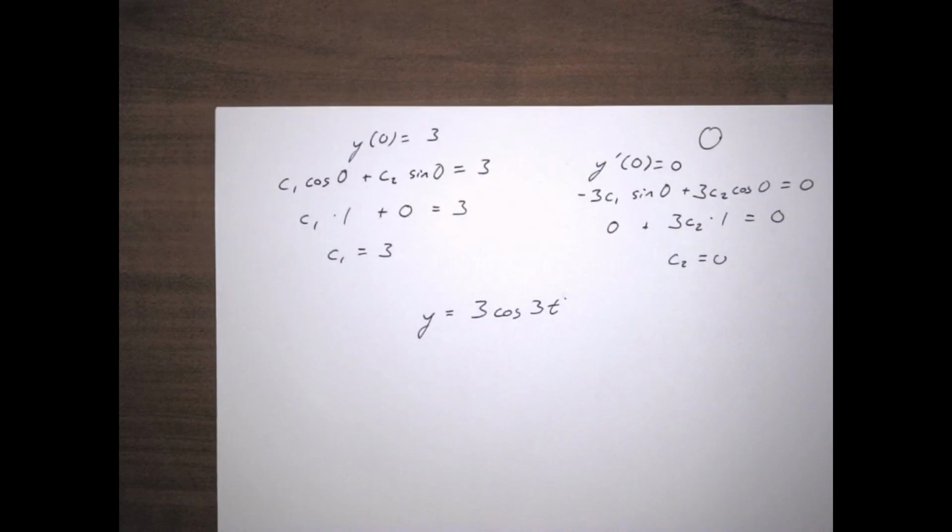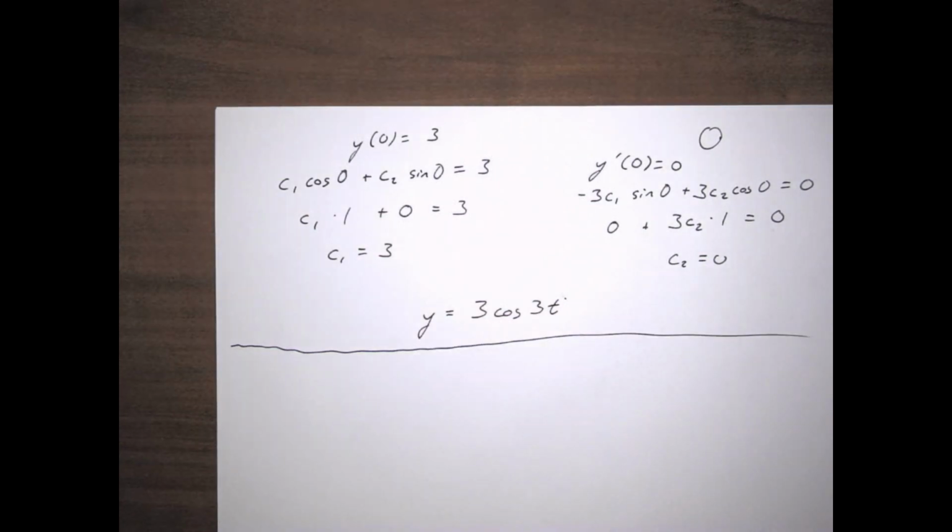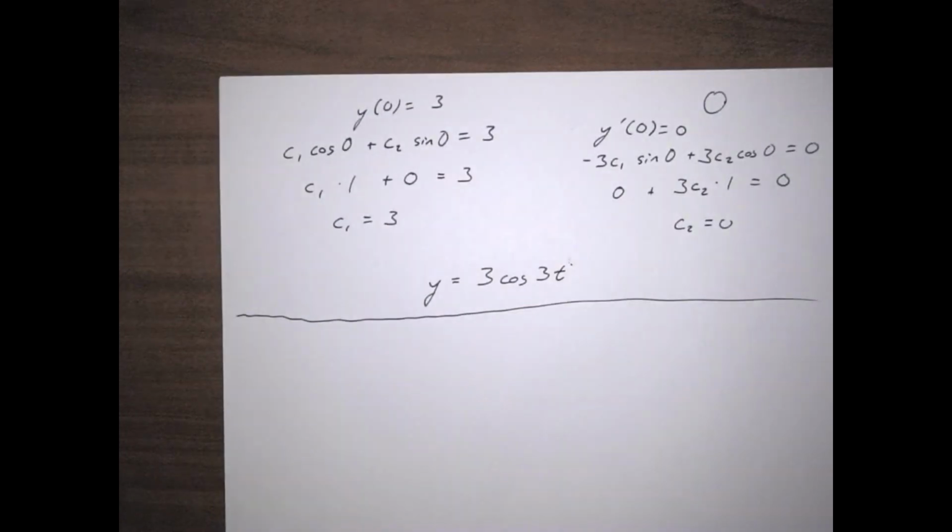So that's how an initial value problem, when it's of order 2, will go. You use the values that are given to you to find the missing constants c1 and c2.